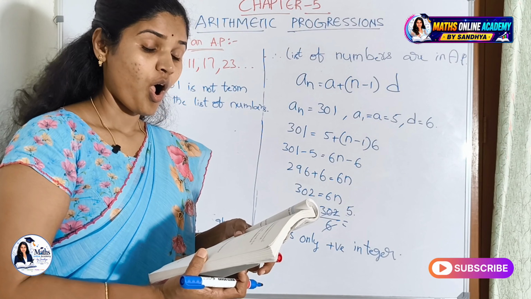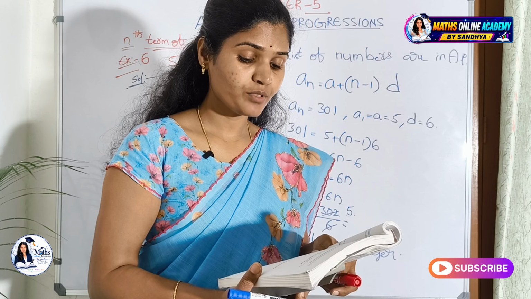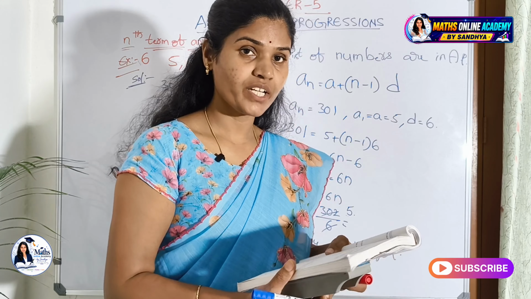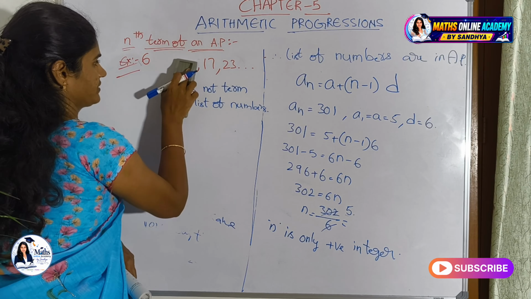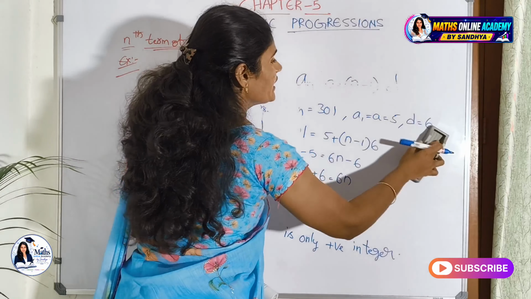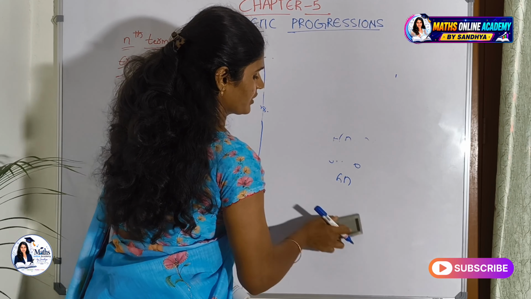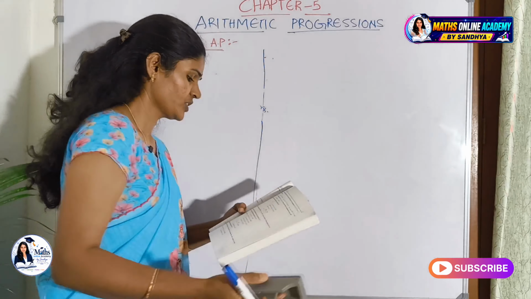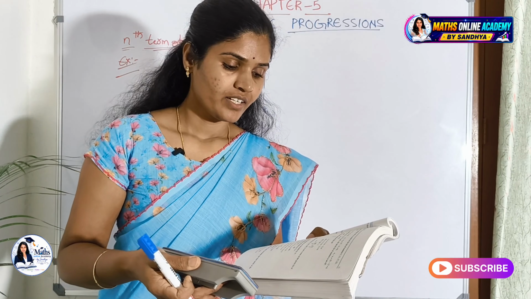Example 7. How many 2-digit numbers are divisible by 3? How many means number of terms. First of all, you read the question and understand what they are asking.